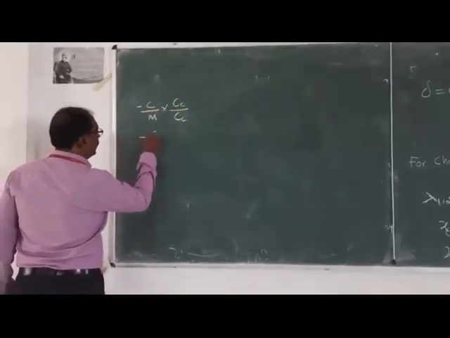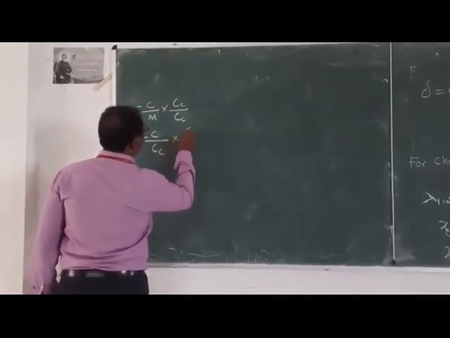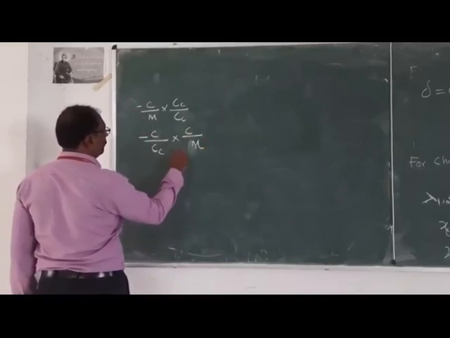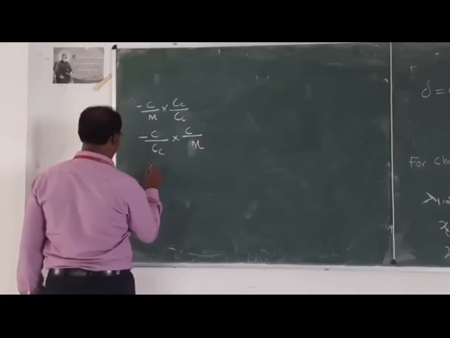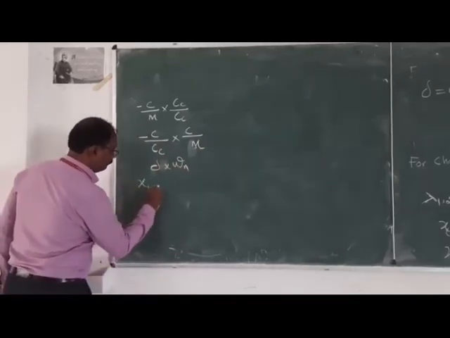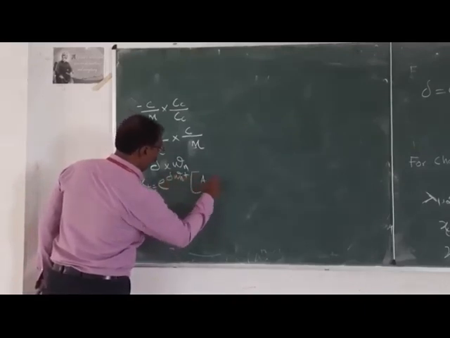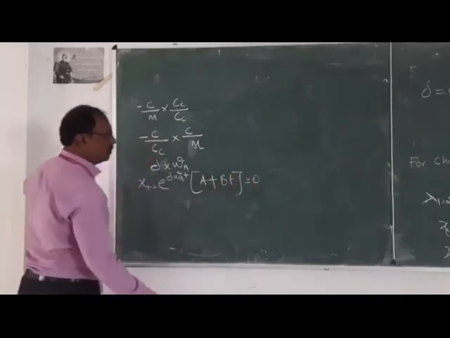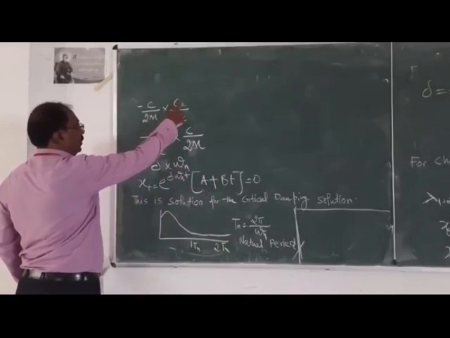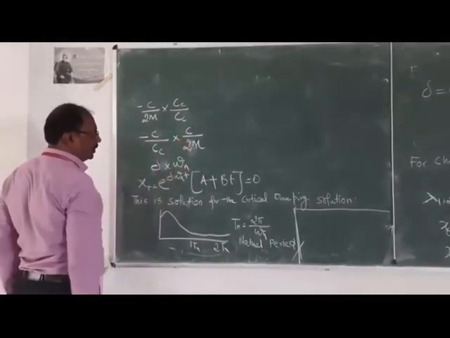We already know c by Cc is rho, the damping ratio, into Cc by 2m, and c by 2m is omega n.